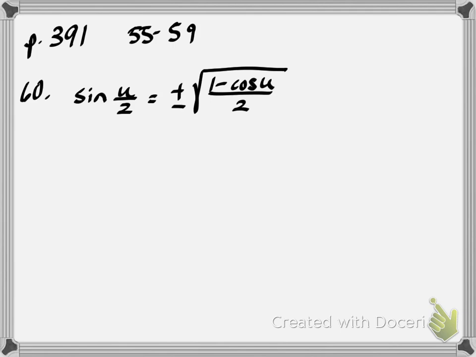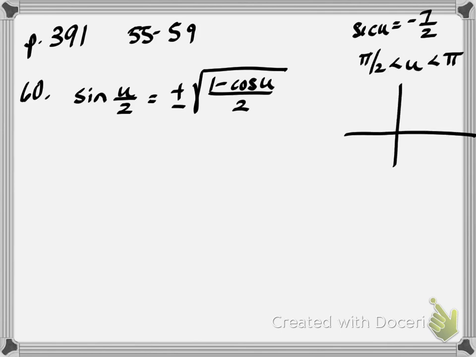So for 60, they give us information that secant of u is negative 7/2, and we're between pi over 2 and pi. So we're in quadrant 2. If secant is negative 7/2, that means that cosine is negative 2/7. So my cosine is negative 2/7.